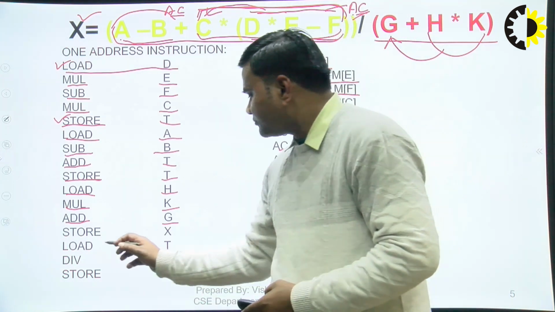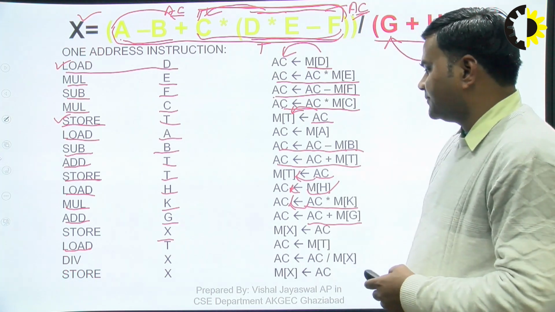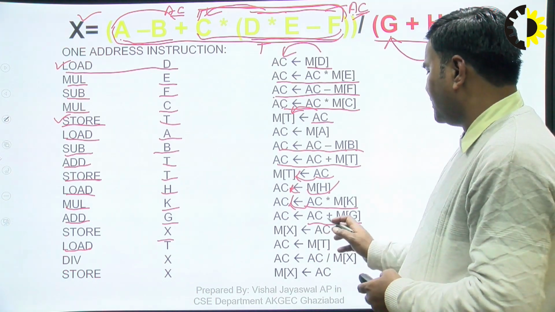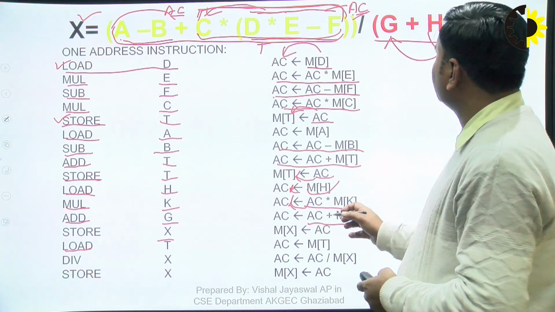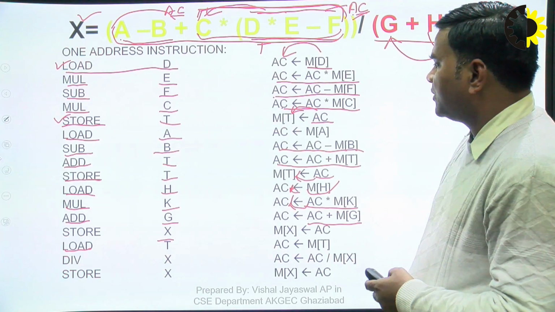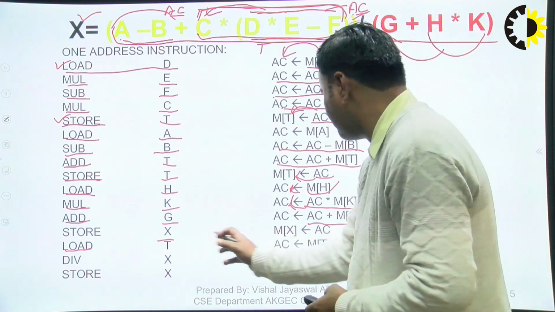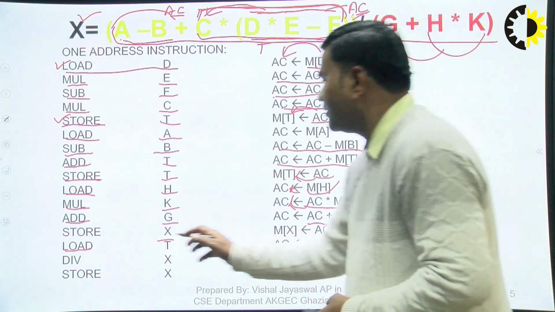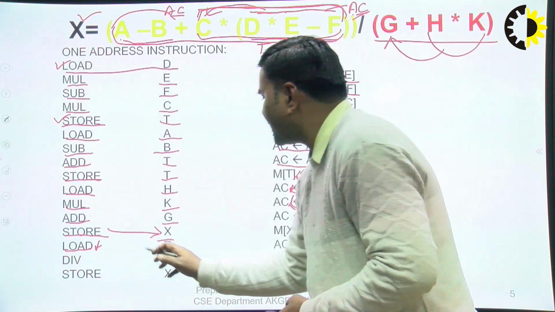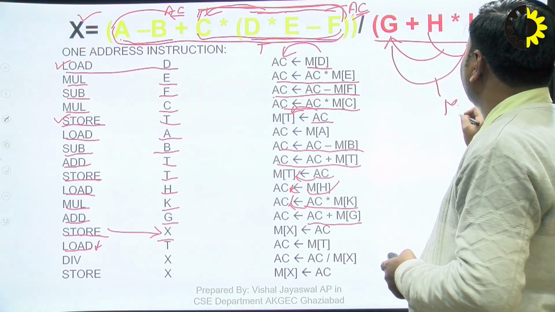After that we use store X, which means the whole denominator part is solved and stored in M of X.